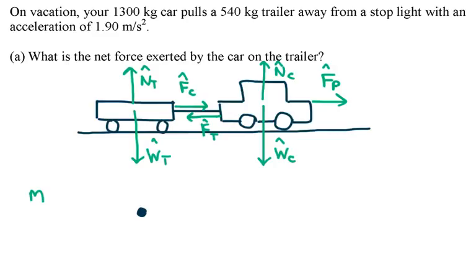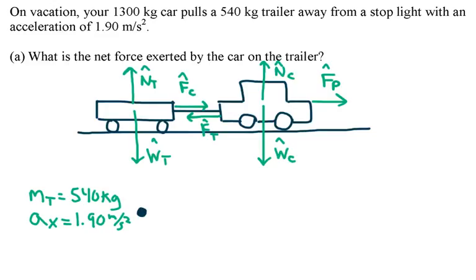So the mass sub T is equal to 540 kilograms. We know that this trailer is accelerating in the x direction at 1.90 meters per second squared.